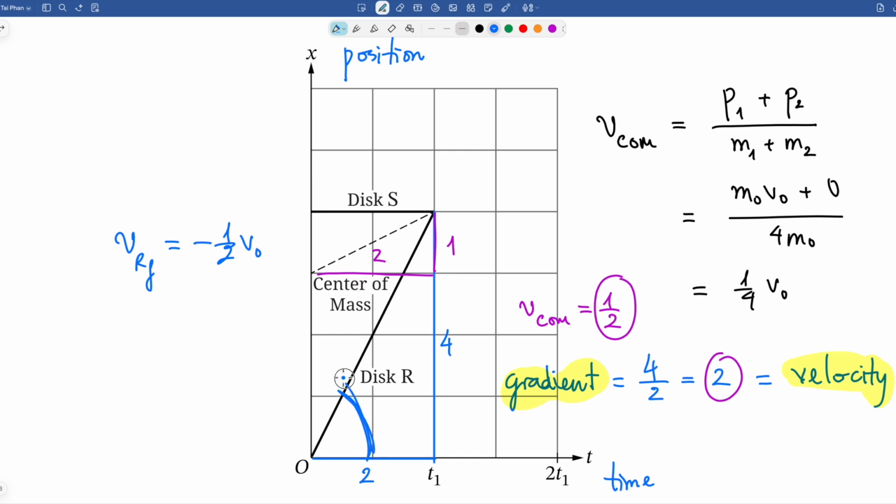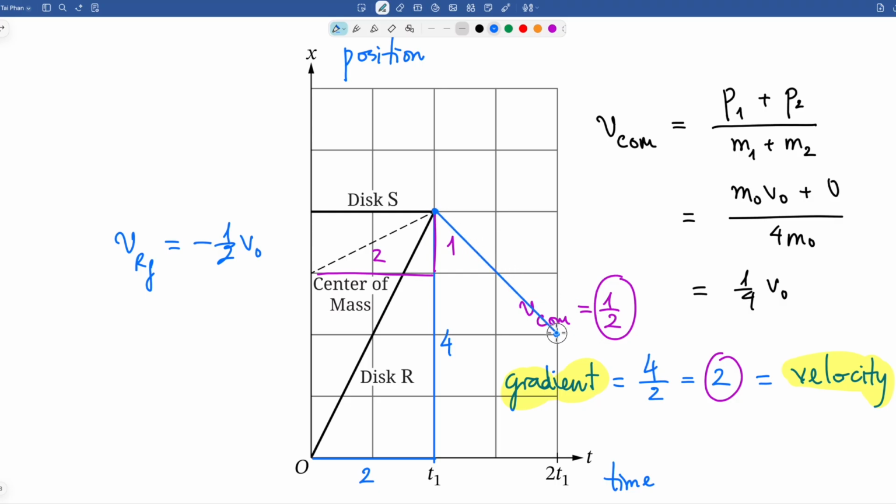The original gradient is 2, and 1/2 of 2 means the gradient is 1. So when the time run is 2 grid spaces, the rise, which is now negative, is also 2 grid spaces. It goes from here to this point: 2 grid spaces to the right, and 2 grid spaces downward, which means the gradient is 1/2 of the original gradient. Let's draw that line.